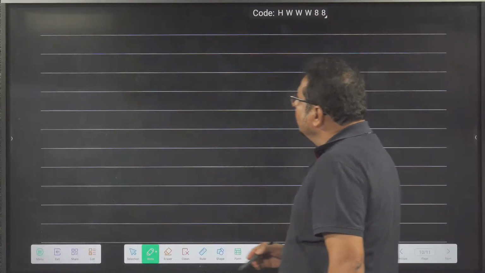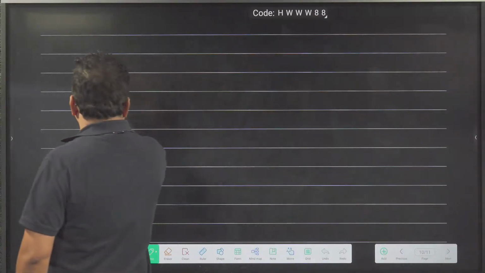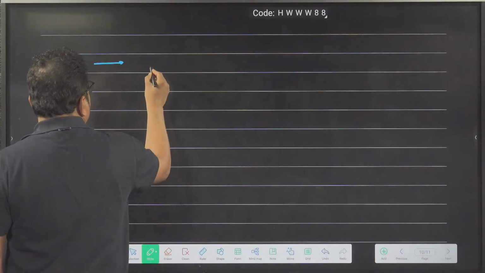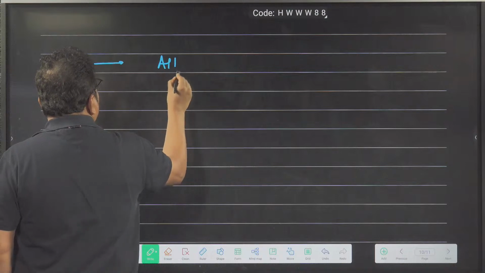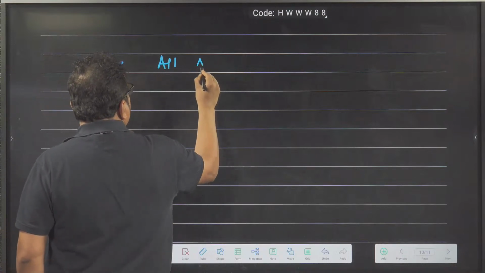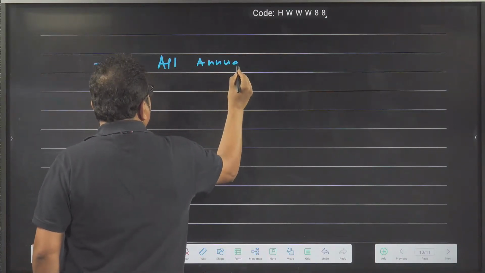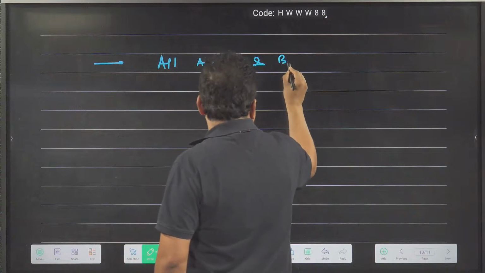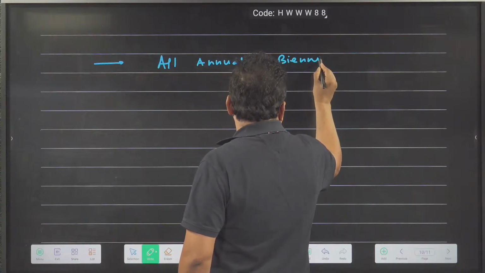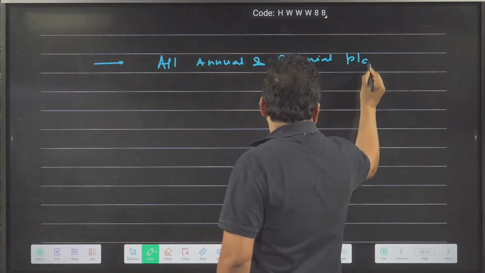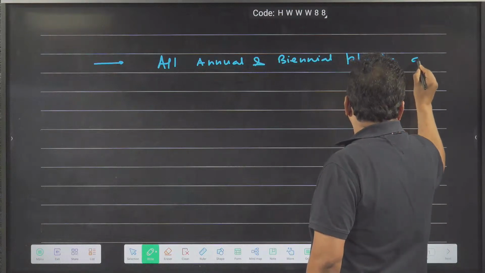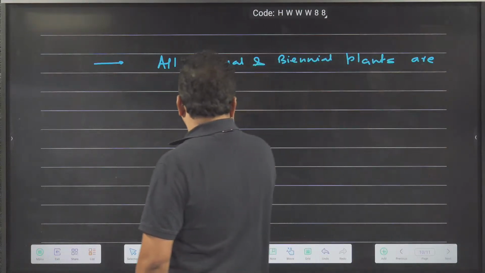Now I want to write one more terminology and piece of information: all annual and biennial plants are monocarpic.